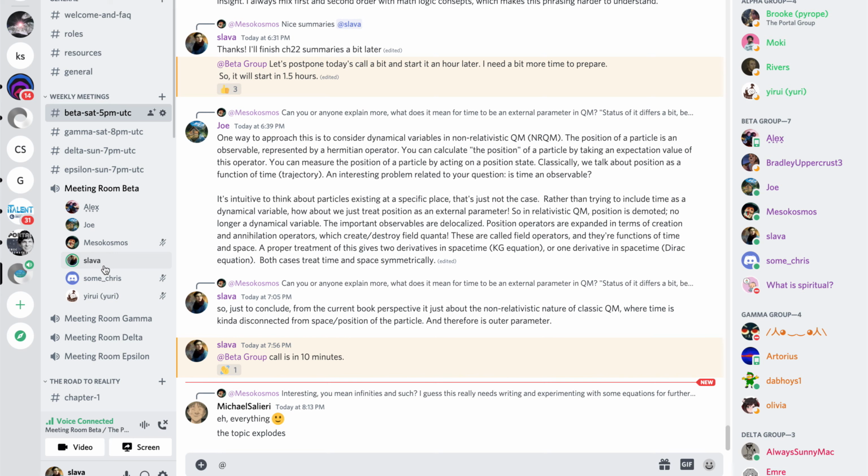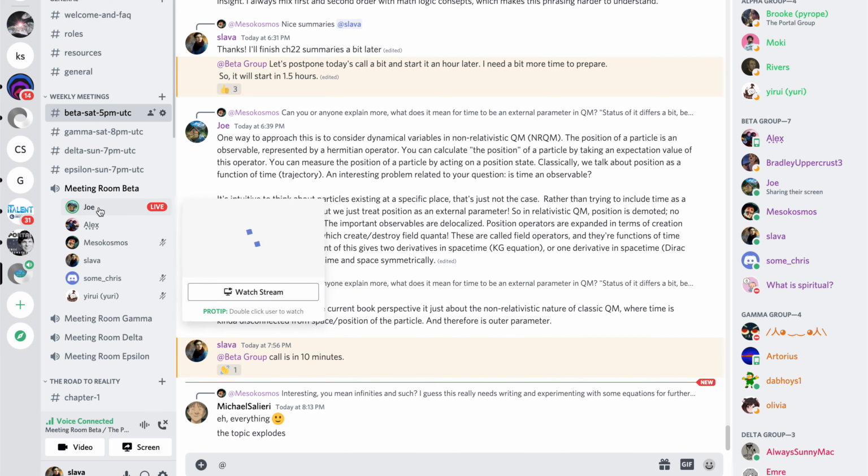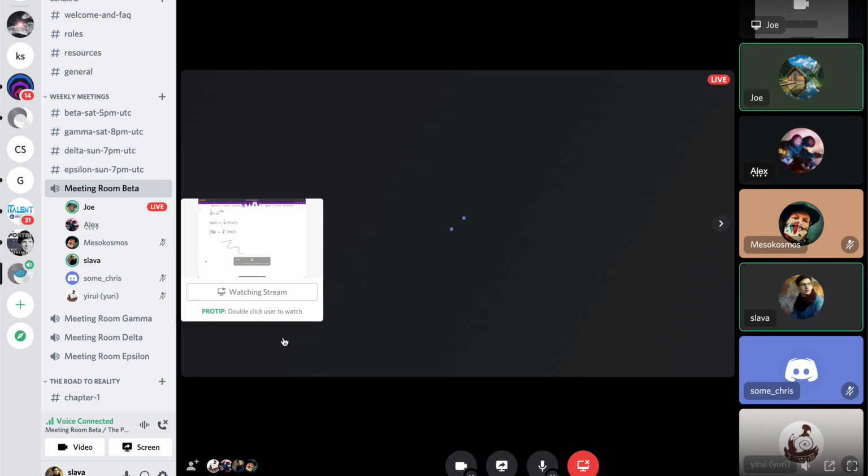For me, the streaming hasn't started. Oh, interesting. Has it started now? No, I do not see the live button. Did you press the screen share button in Discord? Yeah, and I selected. Okay, is it going now? Yeah, now I can see something. Interesting, it required me to do it twice. Weird. Okay.